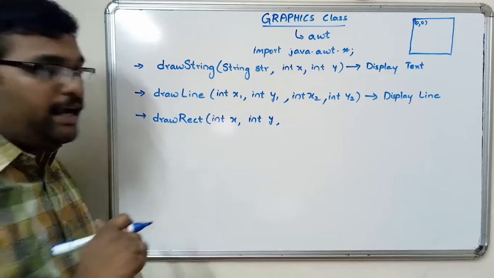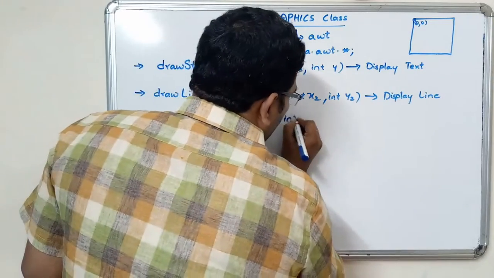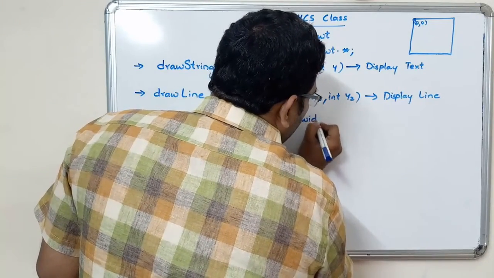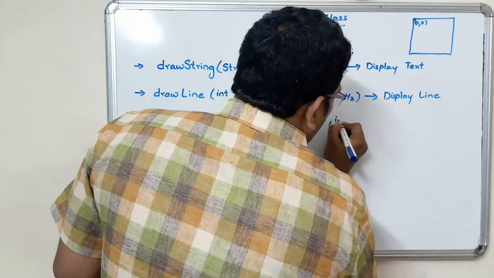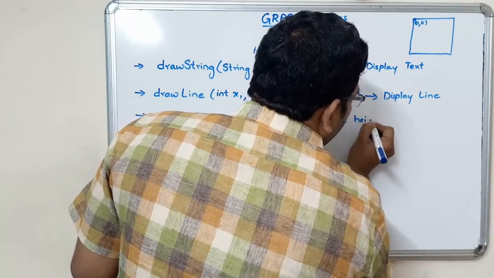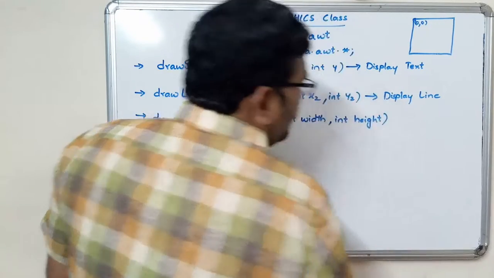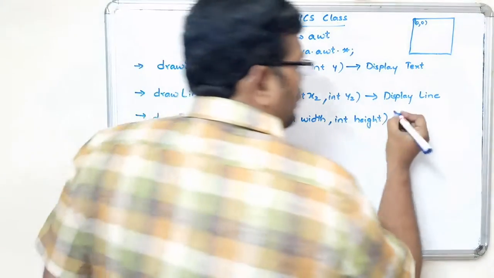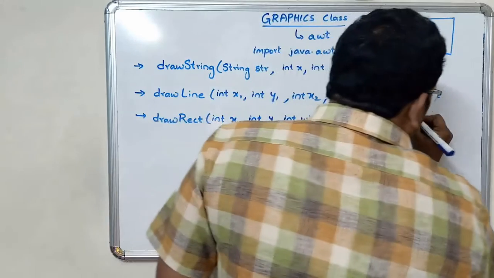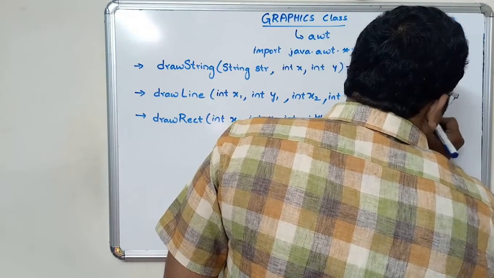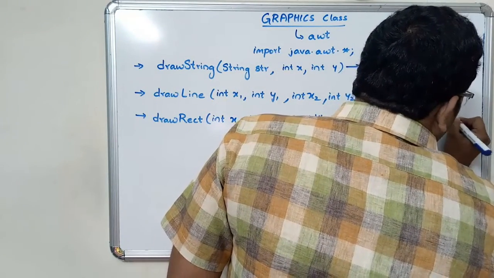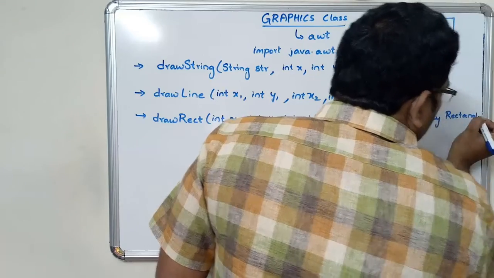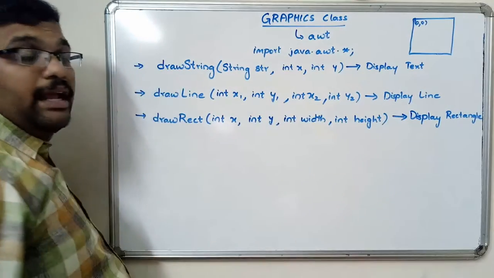So int width, int height. Here width and height will be in terms of pixels. It will display the rectangle.